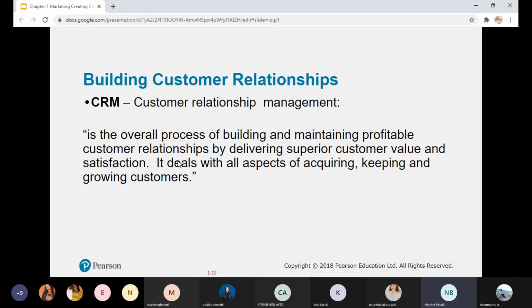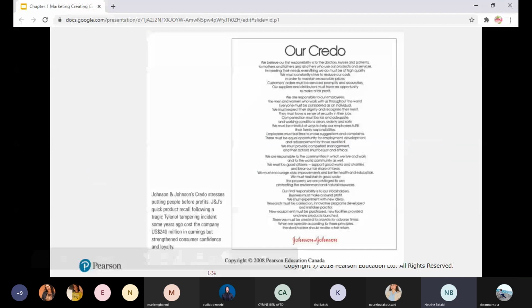And it deals with all aspects of acquiring, keeping, and growing customers. Okay? This is the main goal of marketing. Acquiring new customers, keeping those customers, and growing customers. All right.